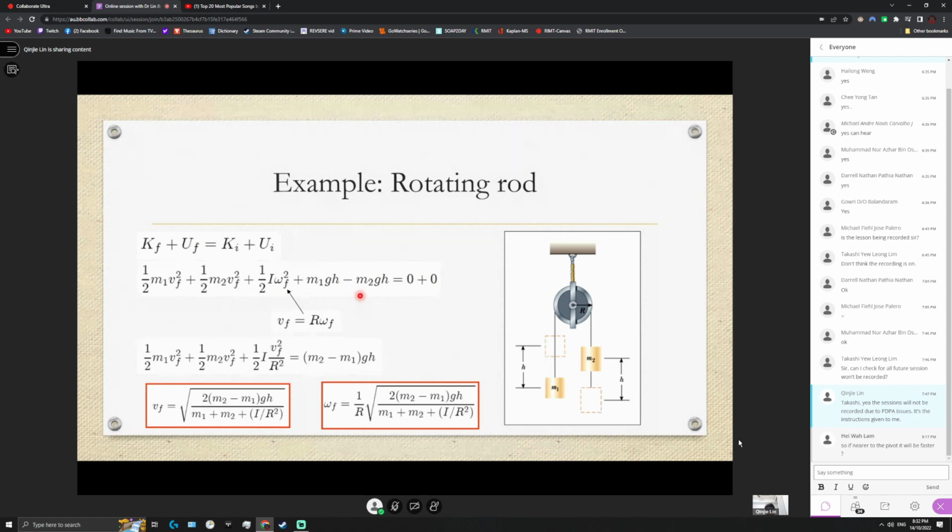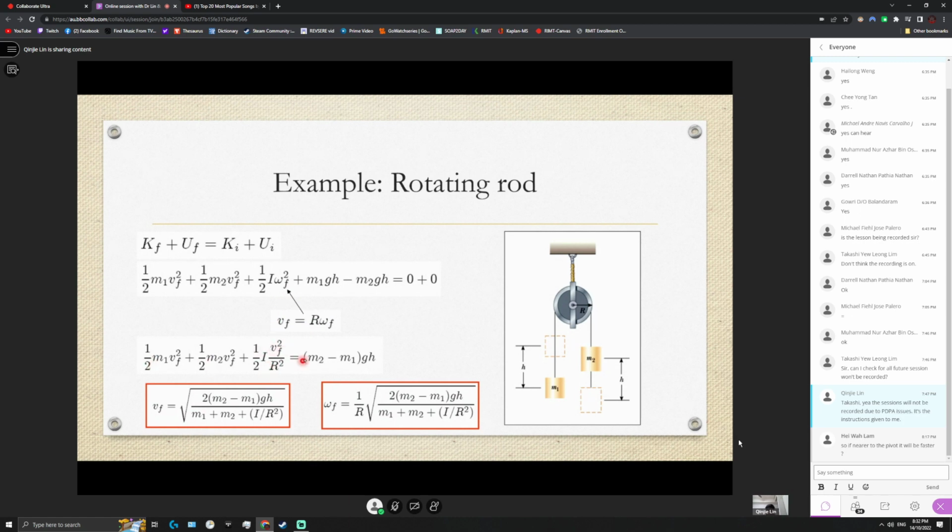And this omega, you also know that it is related to the linear velocity by this formula. But you can change it so that you will have fewer unknowns to solve. If you sub v equals r omega inside here, it will look like this. This omega will be replaced already.